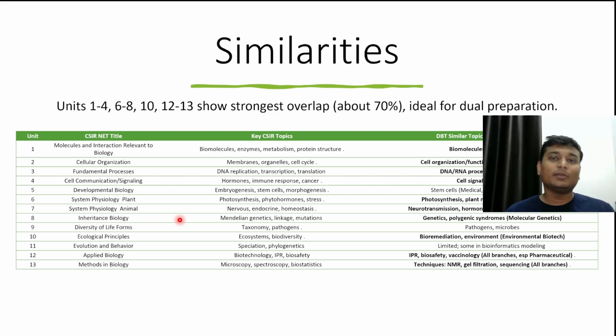Those are not included in DBT, and I will also not be focusing on that, because when you see those kingdom and classification chapters, they are really big, and you will get maybe only 3 to 4 questions from that, and that is too optional. You can decide not to attempt that. So we have to focus more on the areas which are overlapping. That is my suggestion to all the aspirants here.